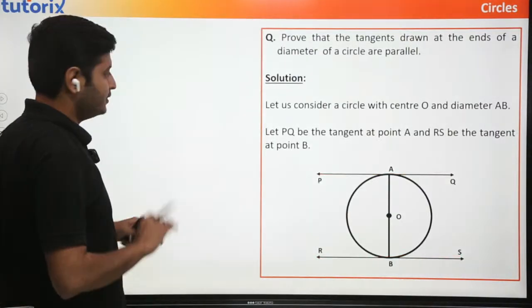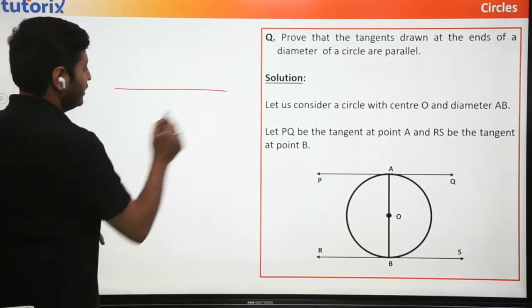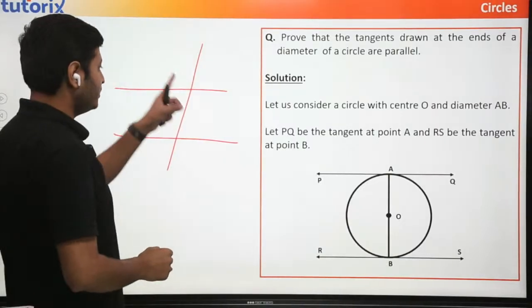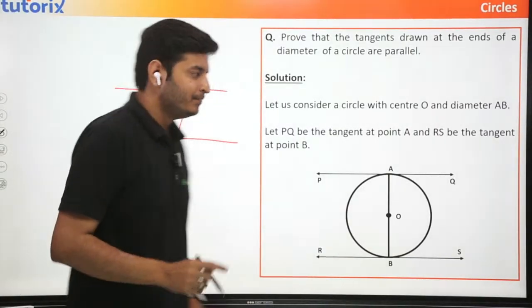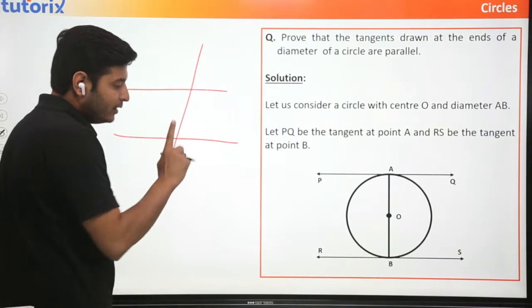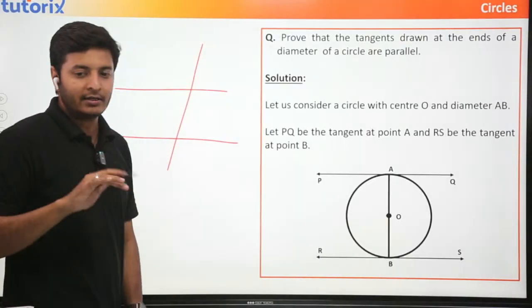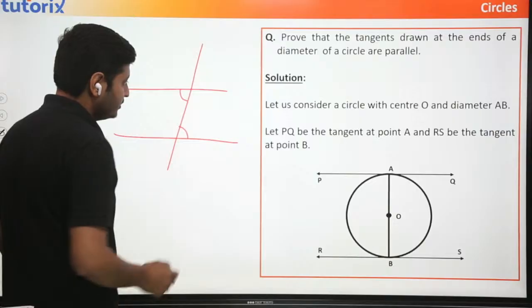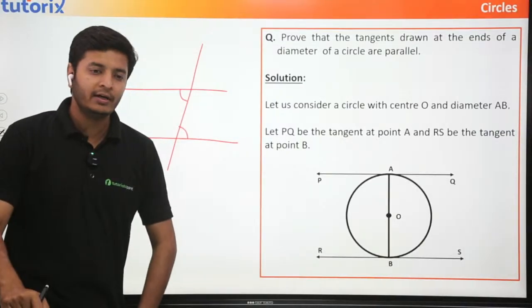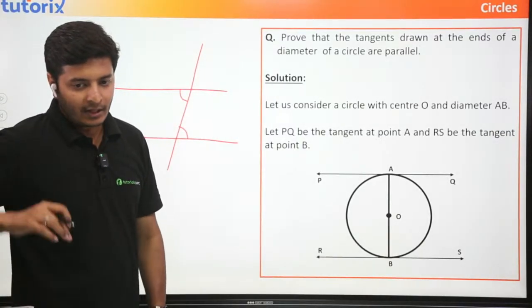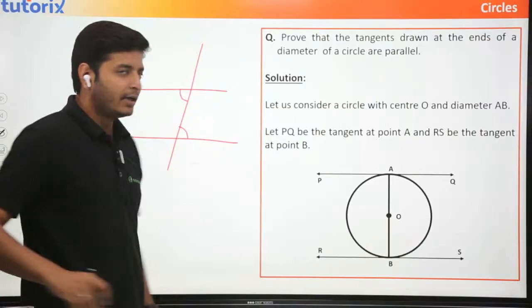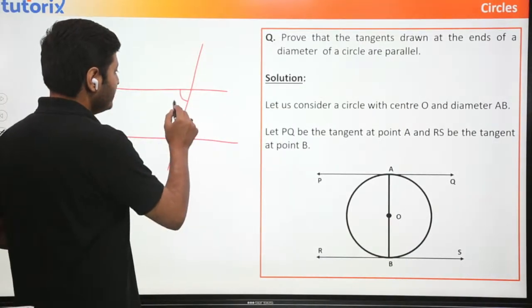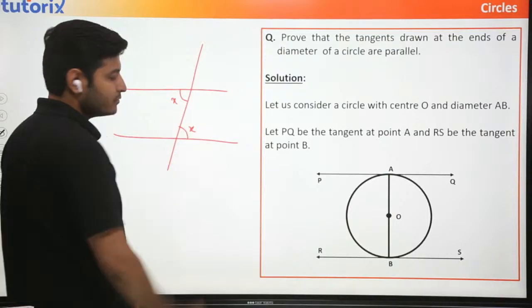What is the second way? If two parallel lines are there and one line segment is acting as a transversal, then we have a relationship between certain angles, like this angle and this angle. They are forming a pair of alternate interior angles, and the value of alternate interior angles in case of parallel lines and a transversal is always equal. If this is x, this is also x.